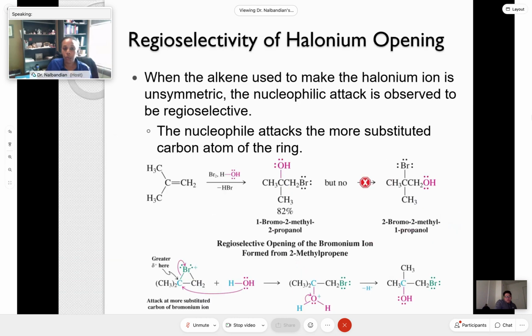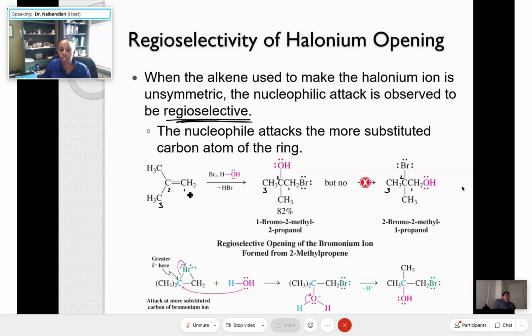All right, so we've been talking about these alkenes that are symmetric. What happens if they are unsymmetric? What is going to happen? Well, the reaction is regioselective. So if we have these carbons, so if I call this 1, 2, 3, we have a choice between adding bromine to carbon 1 or carbon 2.